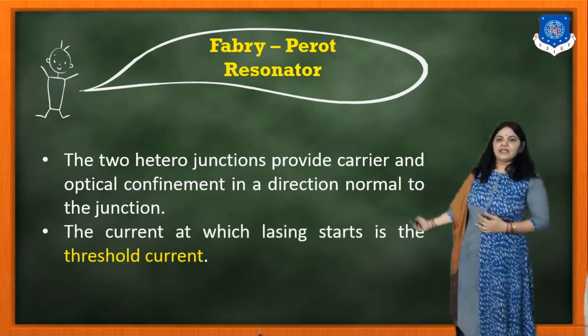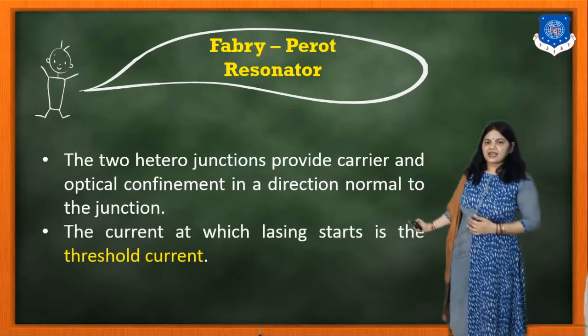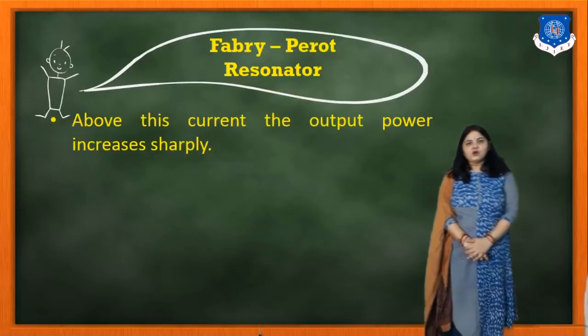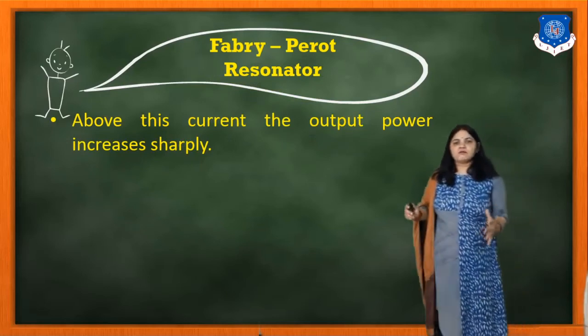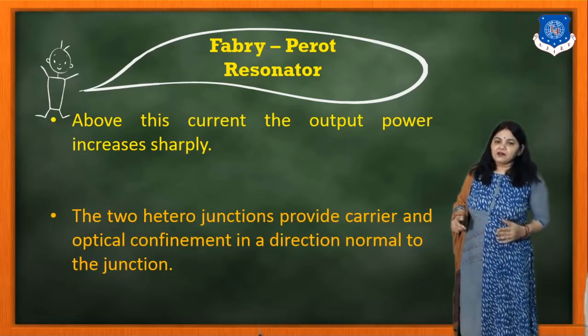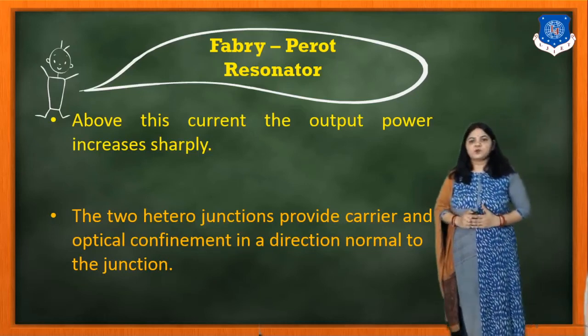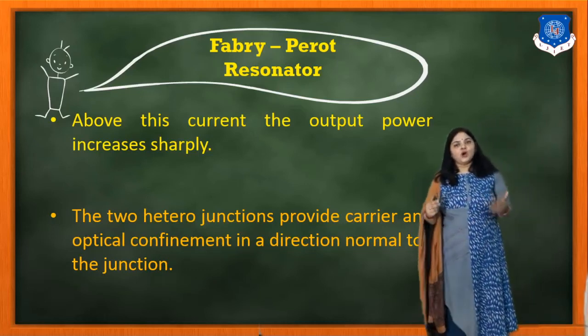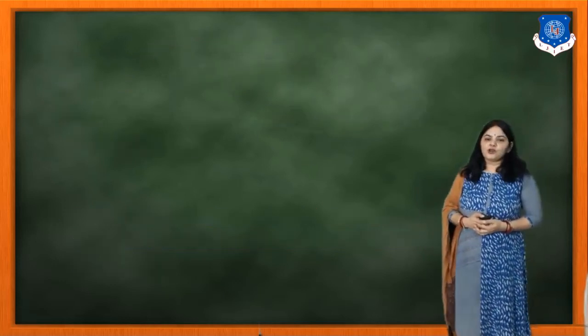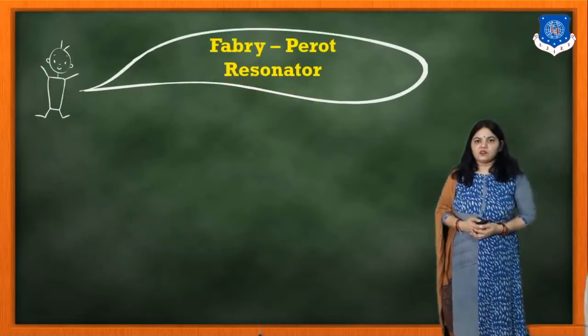The current at which lasing starts is the threshold current, and above this current the output power increases sharply.